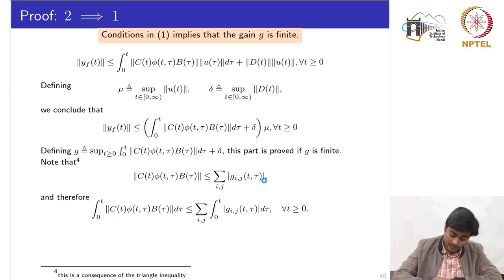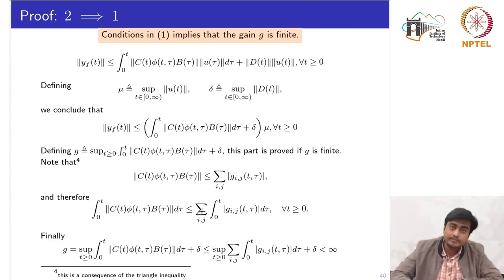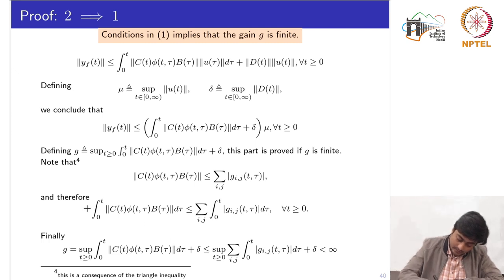Now using this fact, we can rewrite this inequality by taking the integral on both sides, because it won't change since both the quantities are positive. So I have added the integral on both sides, from 0 to t and 0 to t. Again, now taking the supremum on both sides, this part is what we have defined initially by the summation of the delta.